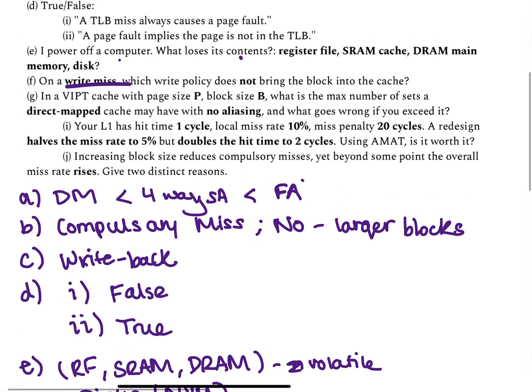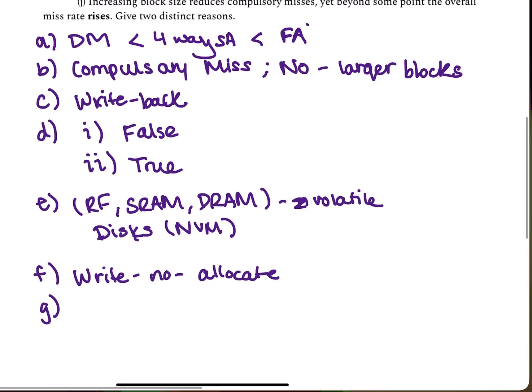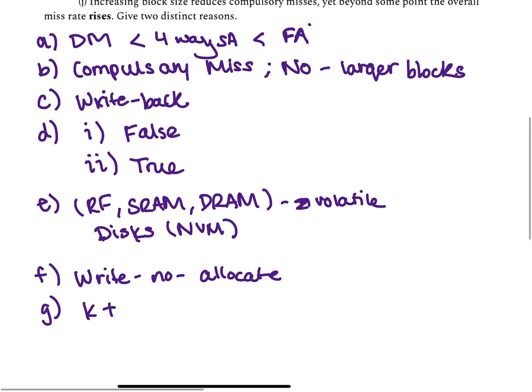G, we're looking at a VIPT cache, virtually indexed physically tagged cache, and we are asking the max number of sets we can have with no aliasing. So our rule, remember, is K plus B has to be less than or equal to P. Remember, K are our index bits, B is the block offset bits, and P is the page offset bits.